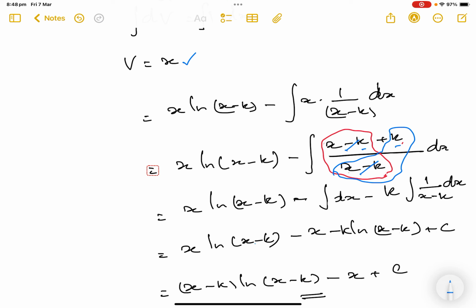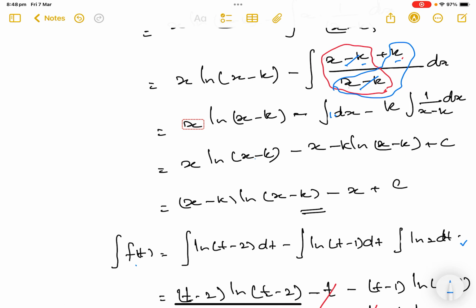If you look at the next line, it jumps one line. The x ln(x minus k) is the same. But here, as I said, the integral of 1 first. Because x minus k over x minus k is 1. Minus k, I just took k out, so we have 1 over (x minus k).